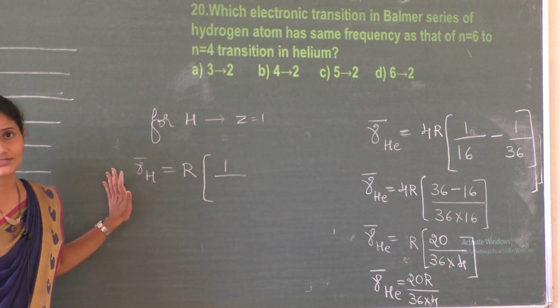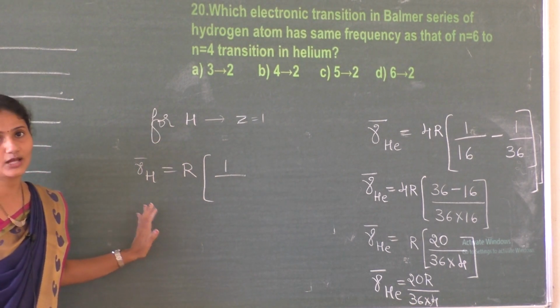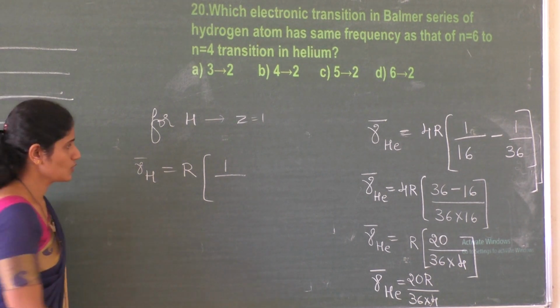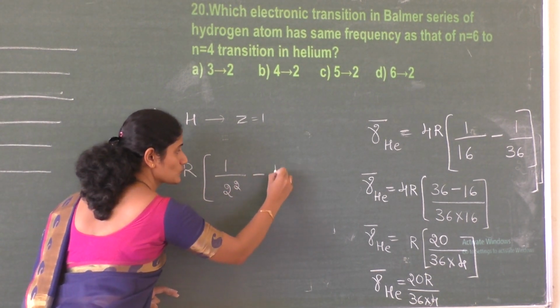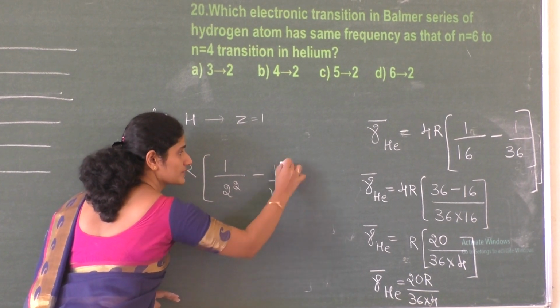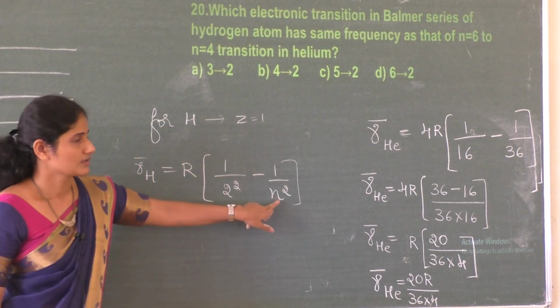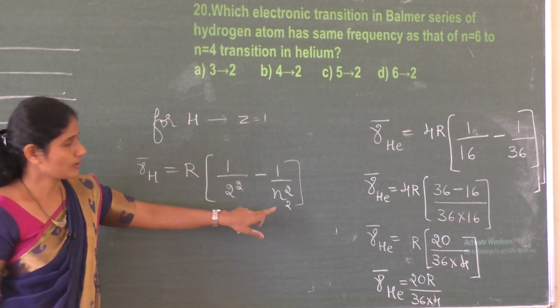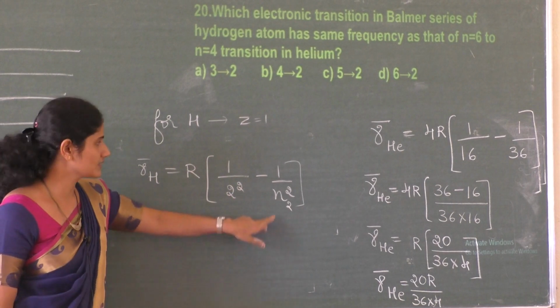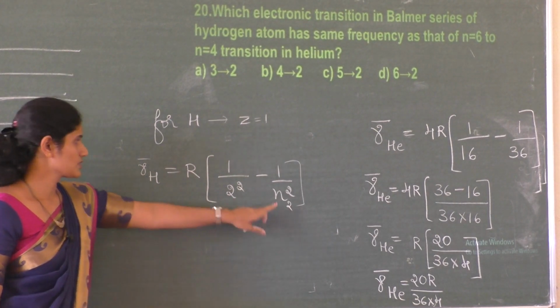For Balmer series, n1 is always equal to 2. So I will write n1 as 2. 2 square is 4 minus 1 by n2 square. Here n2 is the orbit from where the electron is jumping, that we have to find out.